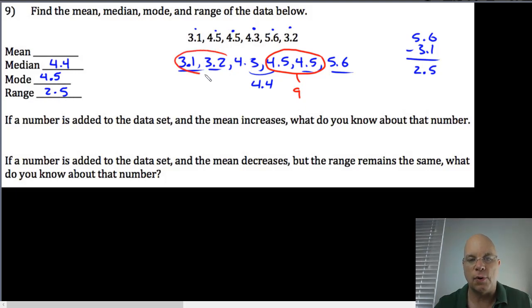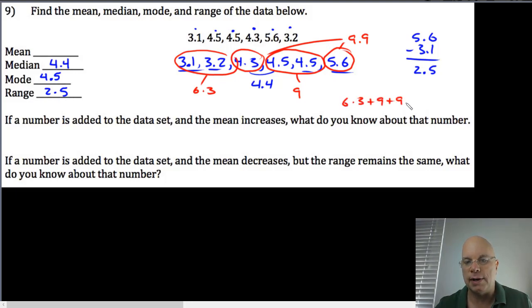Just add these. 3.1 and 3.2 is 6.3. And then these two that I haven't yet added, 4.3 and 5.6, that's 9.9. So now I have 6.3 plus 9 plus 9.9. 9 and 9.9 is 18.9.